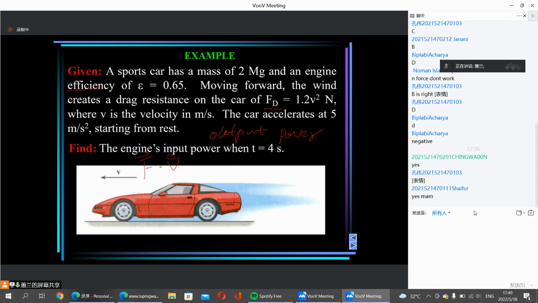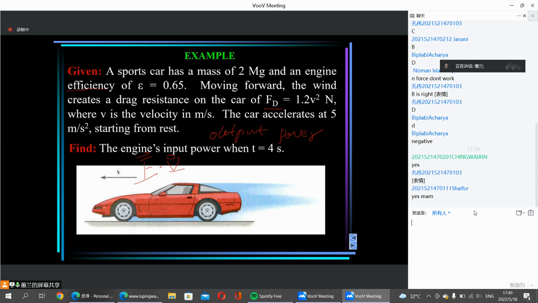So we need to find out the power. So we need to find out the velocity. It's easy because the acceleration is a constant and given. And also we need to find out the friction force between the tires and the ground. How to find out the friction force on the car?